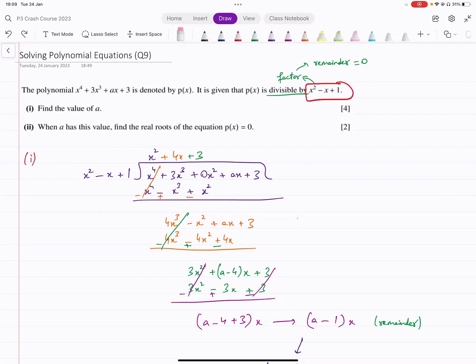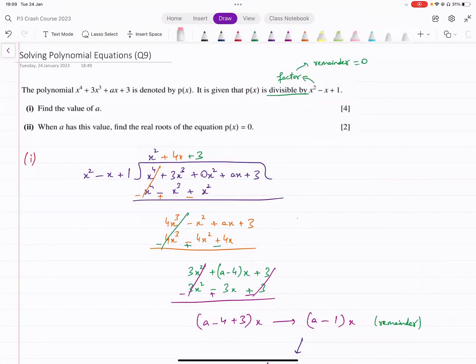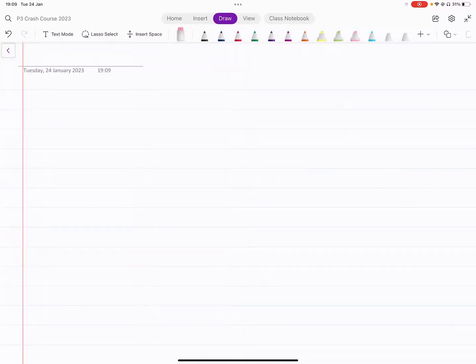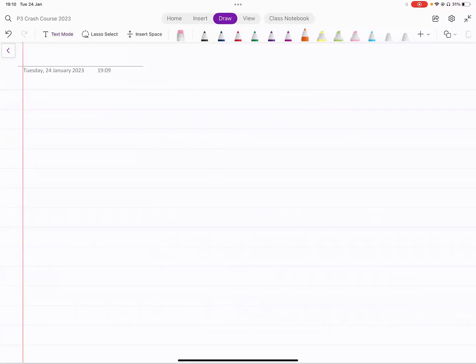Now, sometimes what would happen is you would not be given any factor. That's rare, but that has happened at least once in the past papers. Let's think about that. Let me write down an equation here, which looks like this.